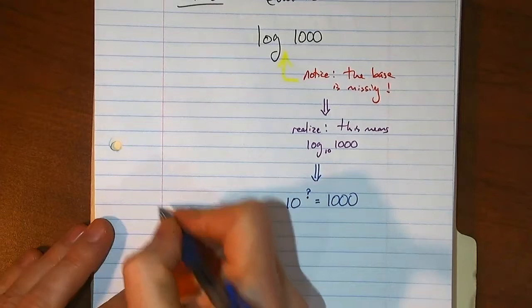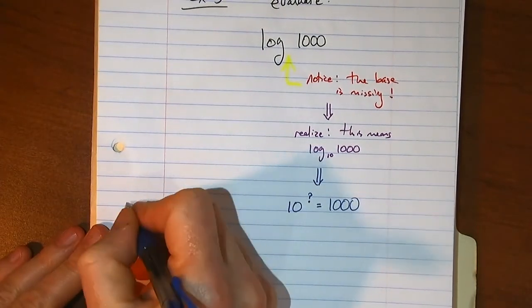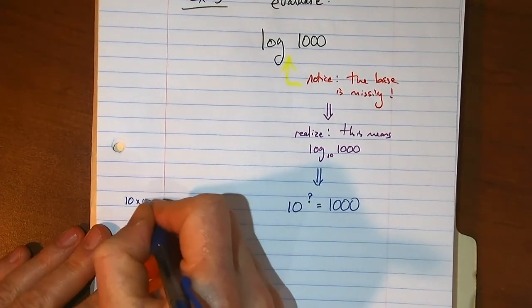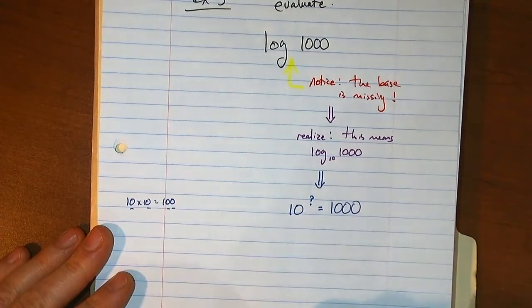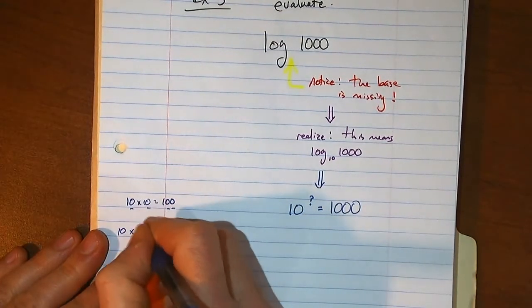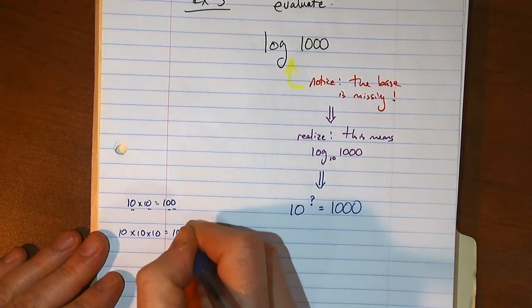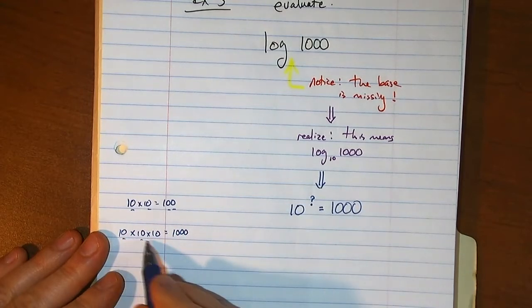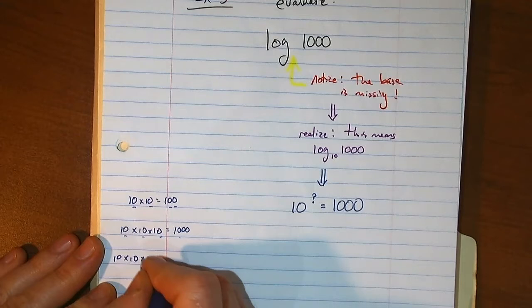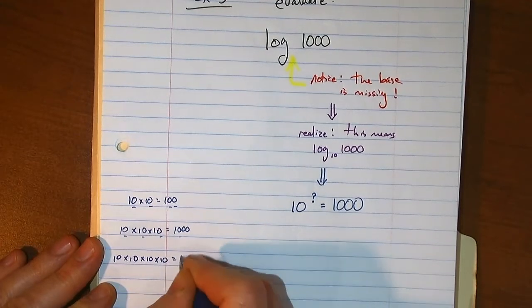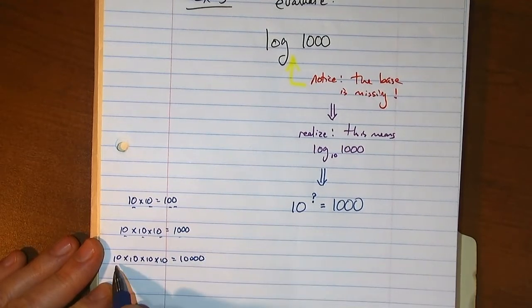Thinking back to stuff we've learned before, 10 times 10 is 100, so 2 tens give me 2 zeros. 10 times 10 times 10 is 1,000, so 3 tens give me 3 zeros. 10 times 10 times 10 times 10 is 10,000, so 4 tens give me 4 zeros.